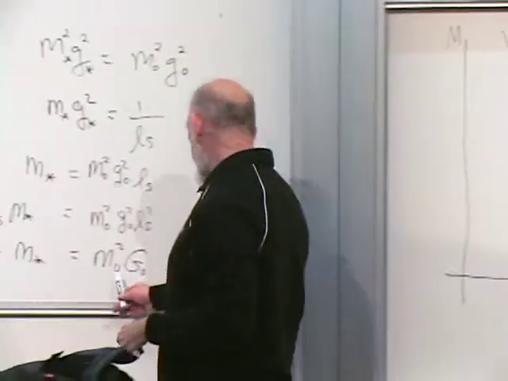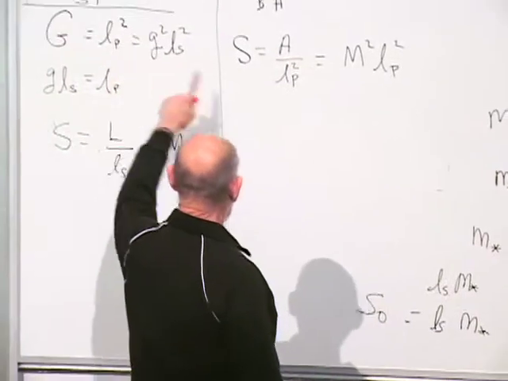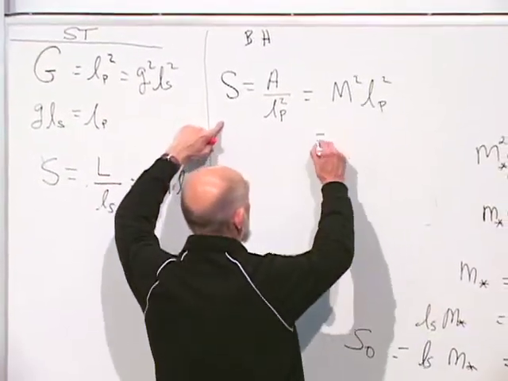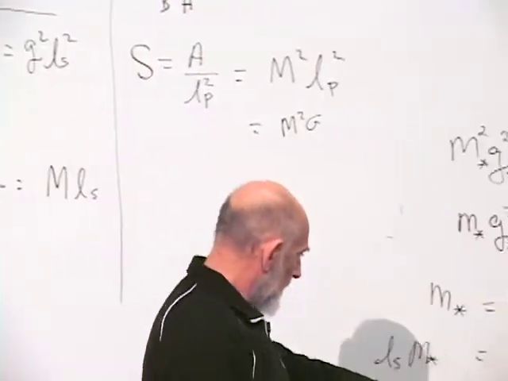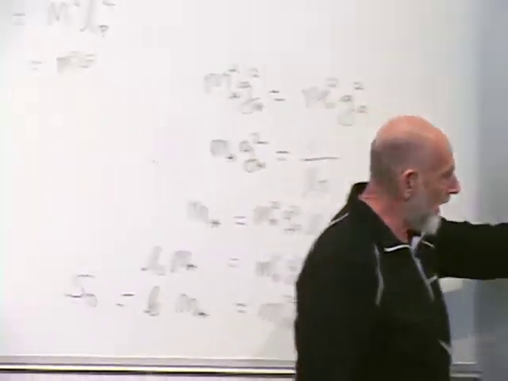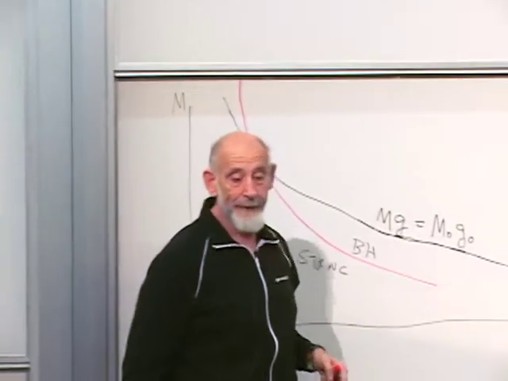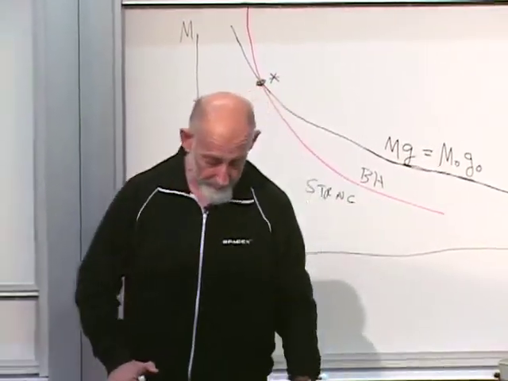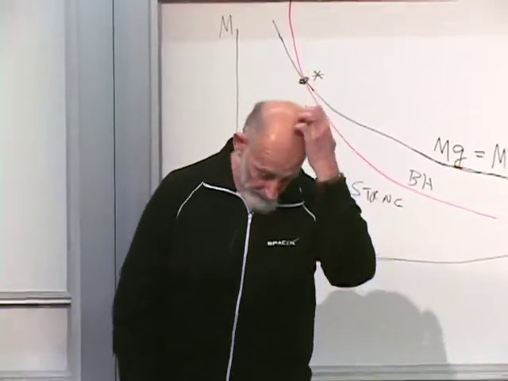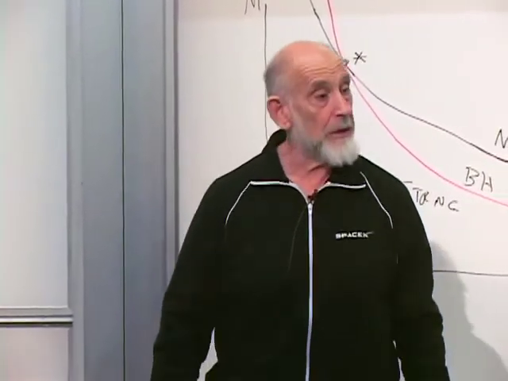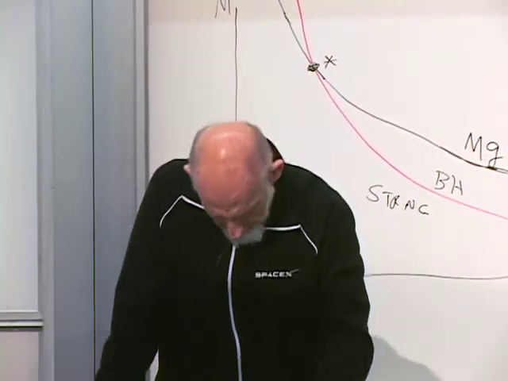And that relates m naught squared g naught, which is the black hole formula over here someplace, to the string formula at that point. All right. That was the origin of the connection between understanding the entropies of black holes and relating it to the properties of strings.